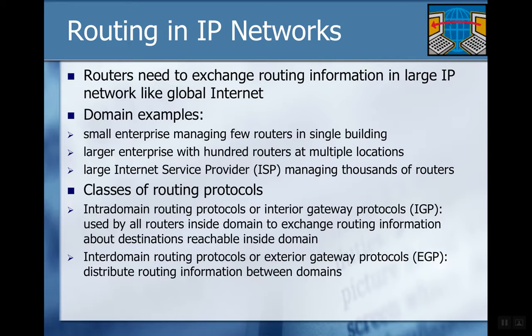If you want to go to another domain, you have to go through an exterior gateway protocol, inter-domain, EGP, which distributes routing information between domains. The routers exchange information back and forth, and ultimately you get to the point where you can find any address. You can put anything on the internet, and you have a pretty good chance of finding its ultimate destination if it's actually on the internet.